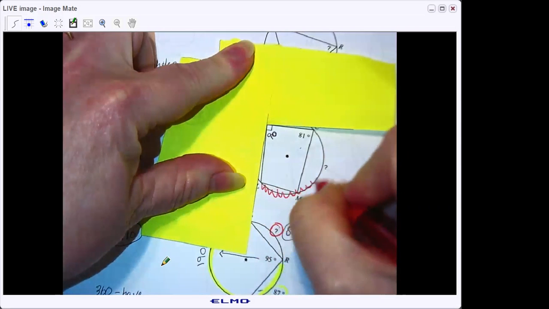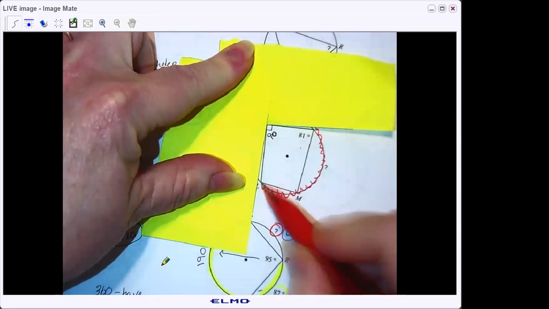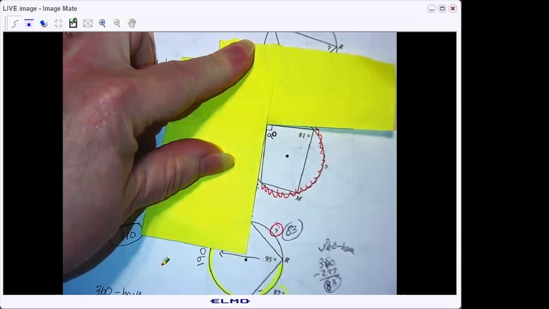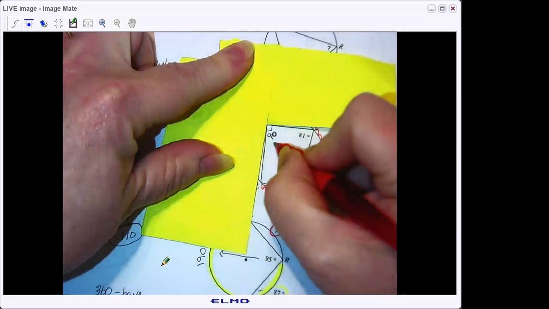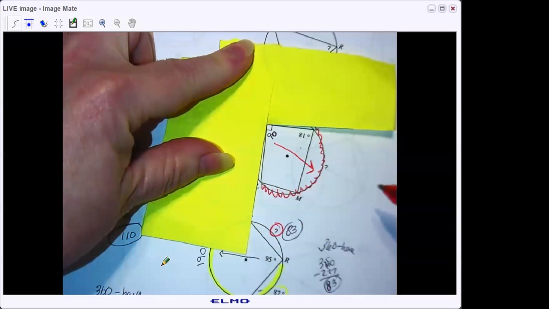So if you're going from smaller to bigger, what would that make this whole arc in red? What does that make this whole arc? Good, good.